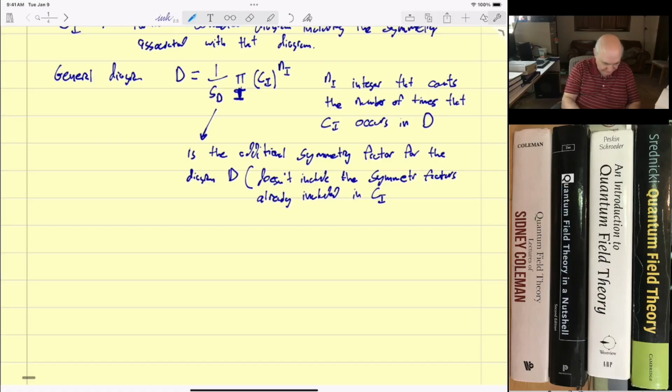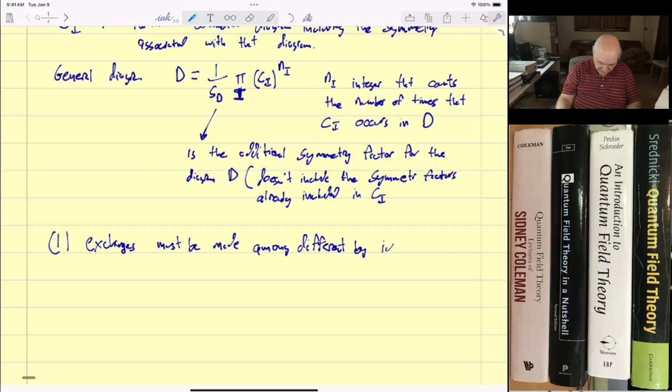And this is fairly easy to see when you think about it. 1, exchanges must be made among different but identical connected diagrams.